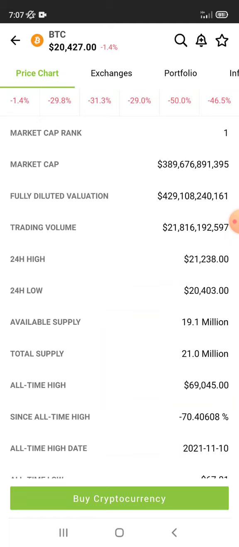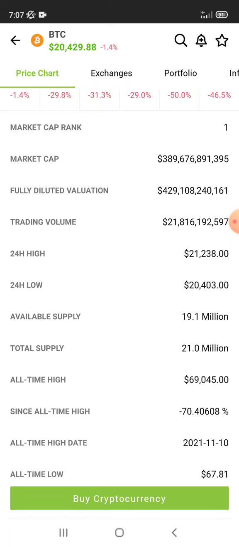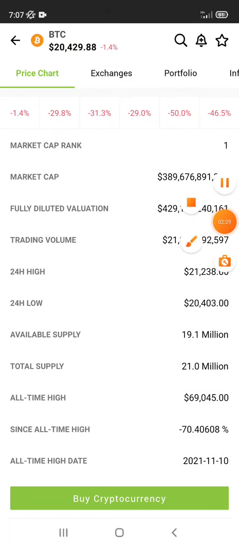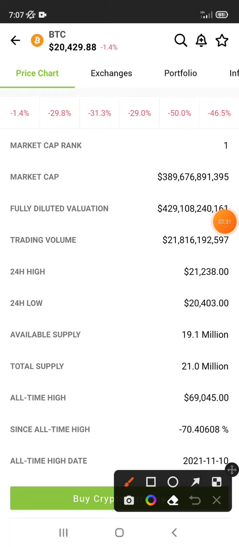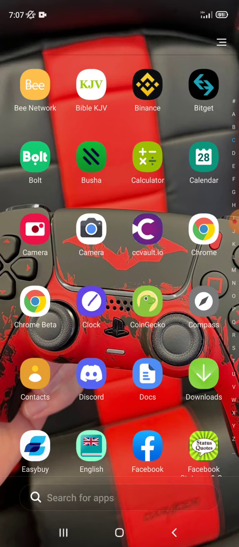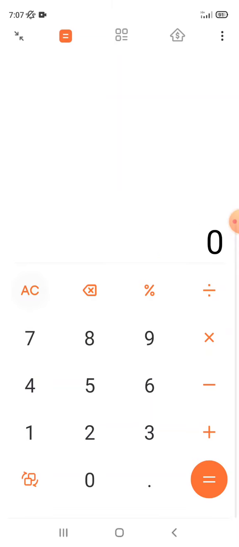Short form is market cap. So market cap, the mathematical formula is the current price, which is $20,000, multiplied by the available supply, which is also called circulating supply. So if we can do this little math, let's go to our calculator.